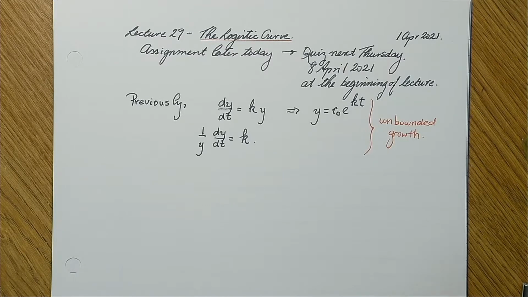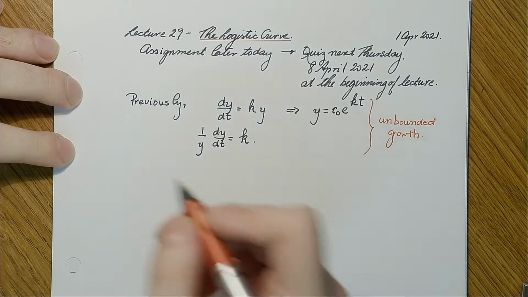It will eventually hit the edge of the petri dish. It runs out of room to grow, and then the rate starts to slow down. So we want to start to consider something where we have the growth bounded.